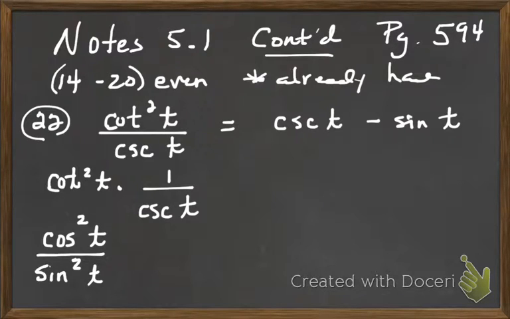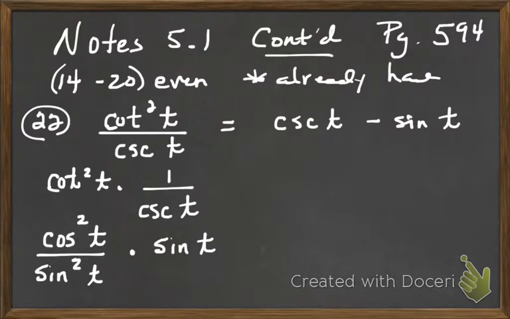1 over cosecant would turn into sine in the top. 1 over cosecant is equal to sine. The reason it's helpful to turn everything into cosine and sine is because things will then start to cancel out and you can start to simplify that side down, hopefully down into the other side.